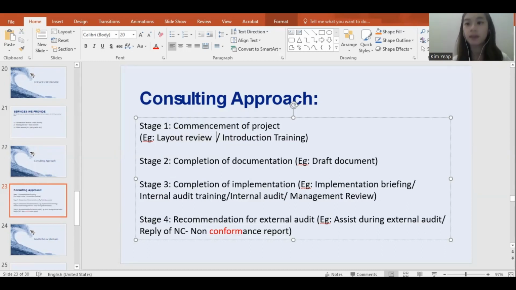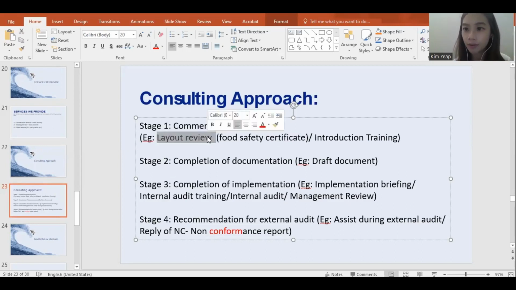They're 22000, HACCP, GMP, halal, MSTI, you know. So this is the food safety certificate. When it comes to food safety certificate, it will first start with a layout review. But what is layout review?